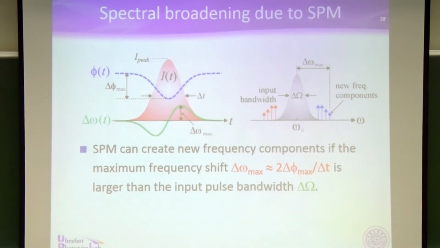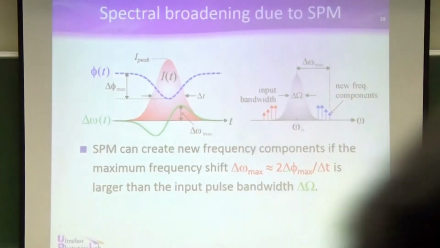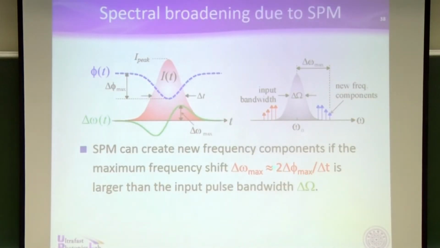Okay? So you can see by this formula, how do you create a very large delta omega max? You have two options, right? One, increase your delta phi max. And as I mentioned, delta phi max is proportional to your peak intensity.